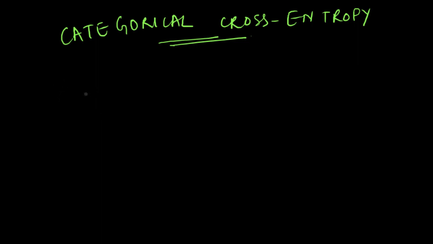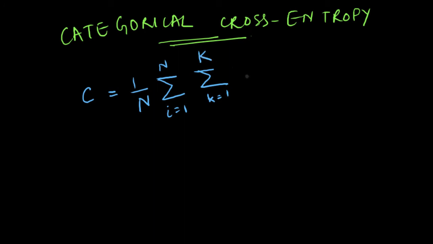So for the K class problem, we have the cost function is equal to again 1 by capital N summation over i is equal to 1 to capital N, summation small k equal to 1 to capital K, of minus y_ik log of h_i k.